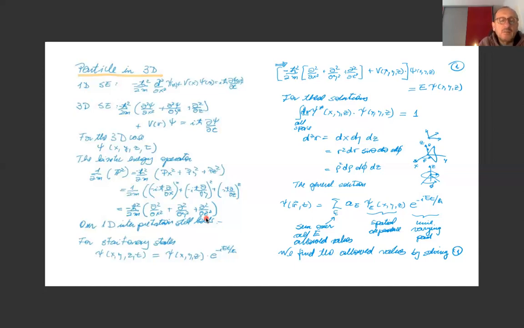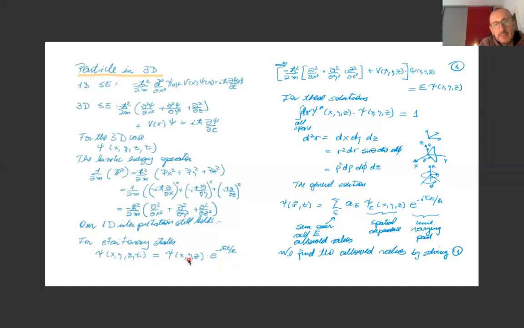In 3D, there are no easy parts, by the way, okay? So for stationary states, we do this. We describe the wave function as phi of x, y, and z times a function of t only, which is e to the minus i E t over h bar.